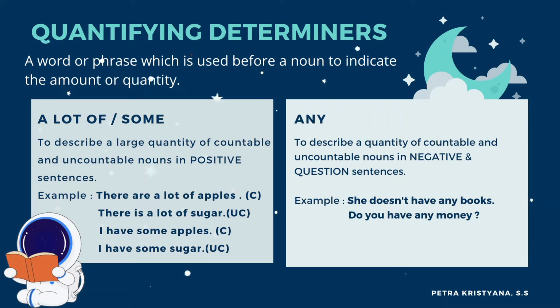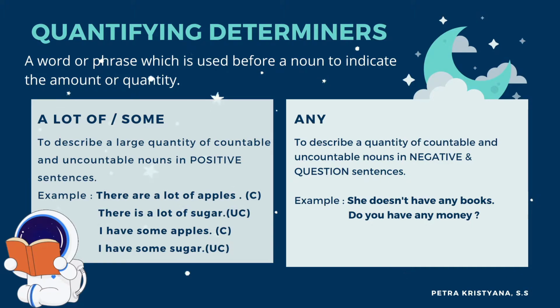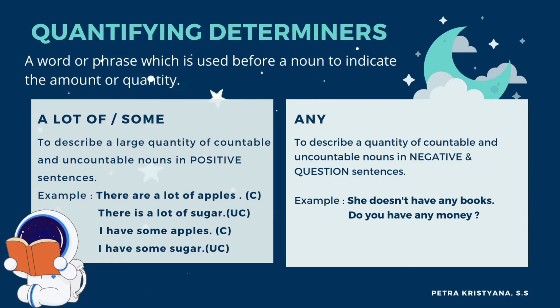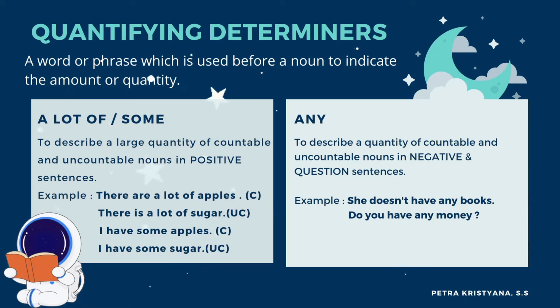And for the next one, we have the word a lot of, and it is also the same as some. Okay, so a lot of and some are used to describe a large quantity of countable and uncountable nouns. Jadi bisa dua-duanya, bisa yang bisa dihitung dan yang tidak bisa dihitung, but in positive sentences.